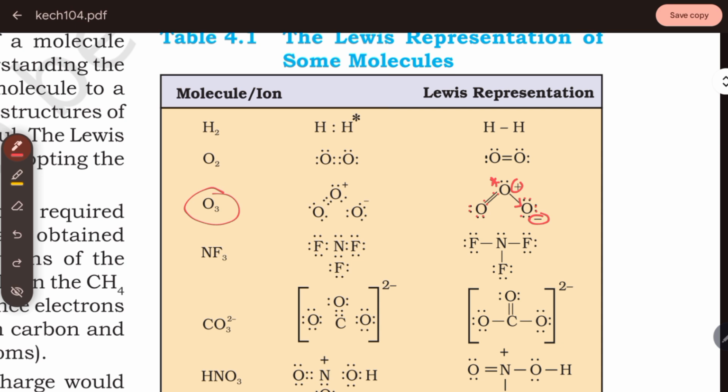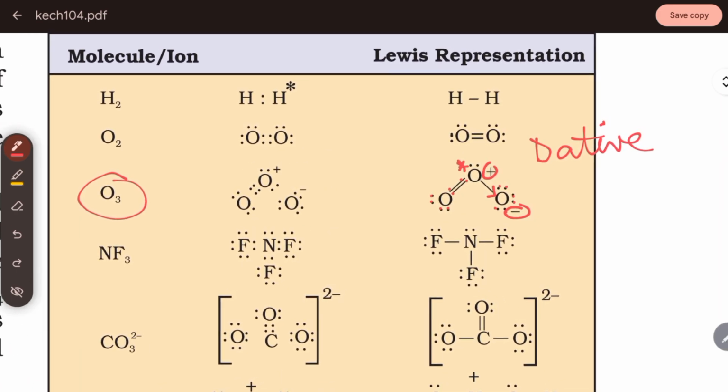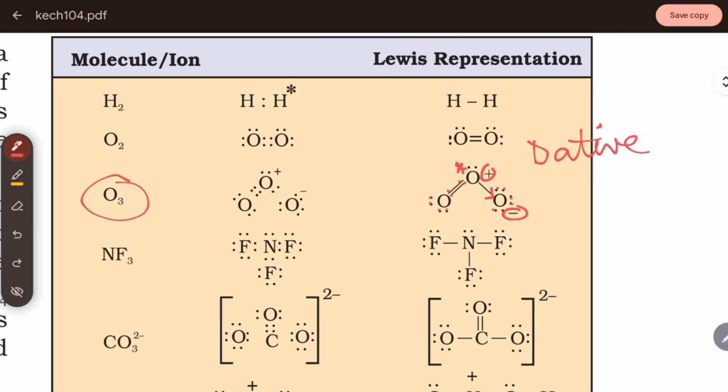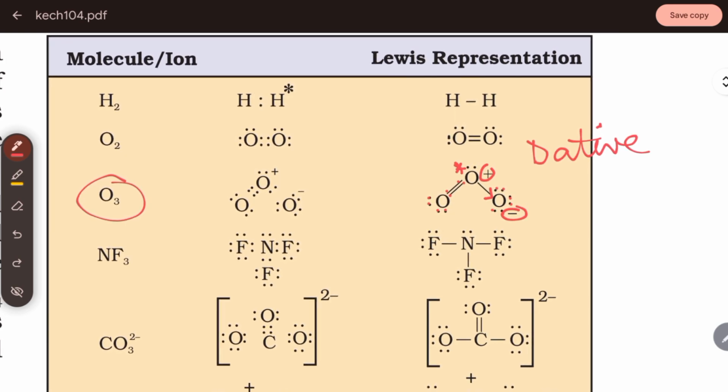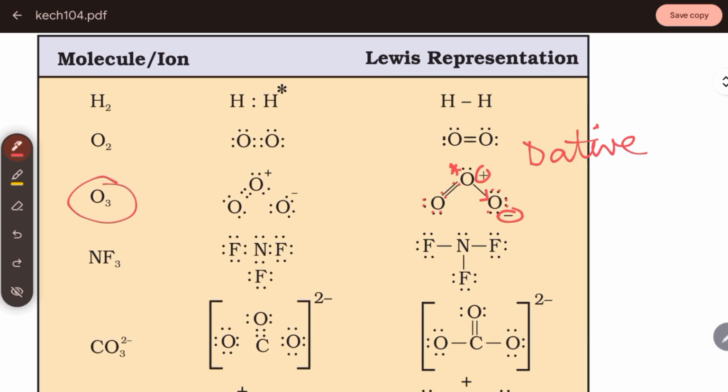Every coordinate bond is also known as a dative bond, but after its formation, it actually behaves like a covalent bond, because after donation, those two electrons are shared.